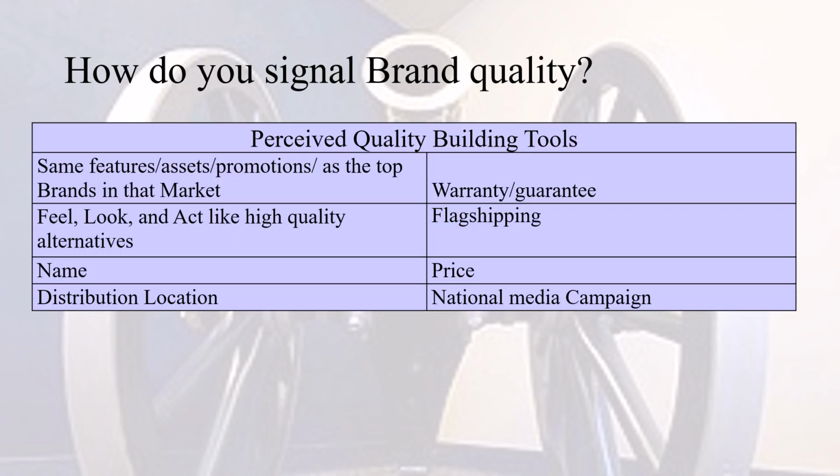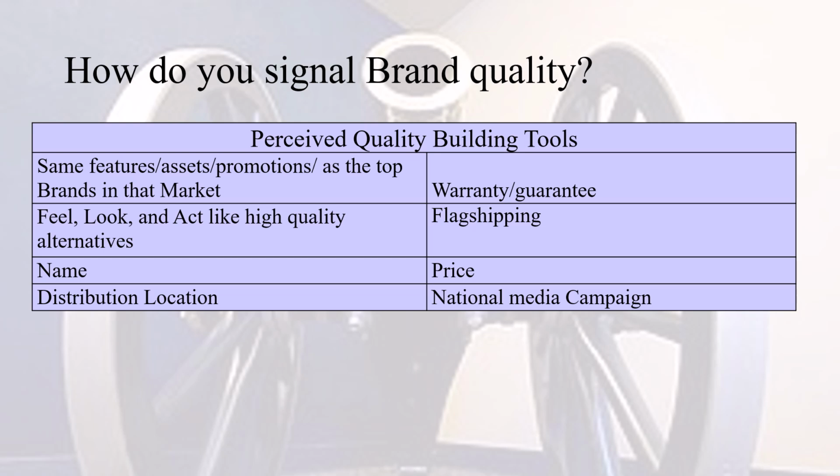How do you build and signal brand quality and equity? And in this case, perceived quality? Well, some of the perceived quality building tools include the same features, assets, promotions as the top brands in that field. A warranty and a guarantee. That is, I'm much more likely to buy a brand if you warranty it and guarantee it so that I reduce the risk. The brand should look, feel, and act like the high quality alternatives.